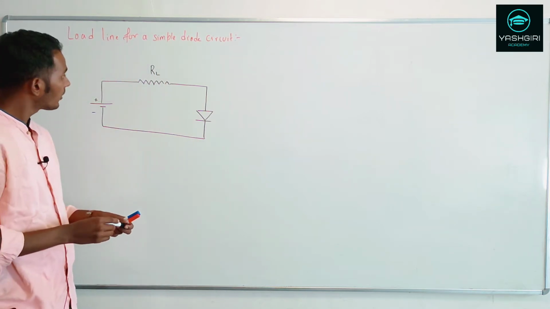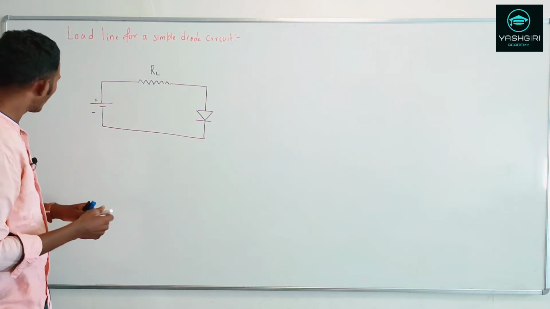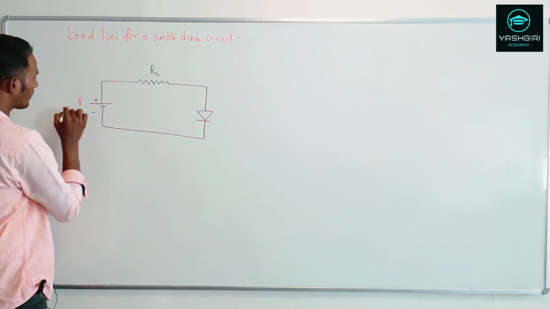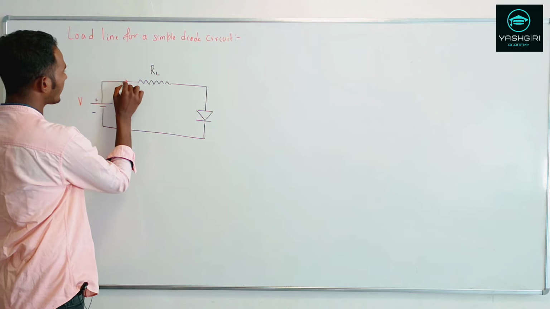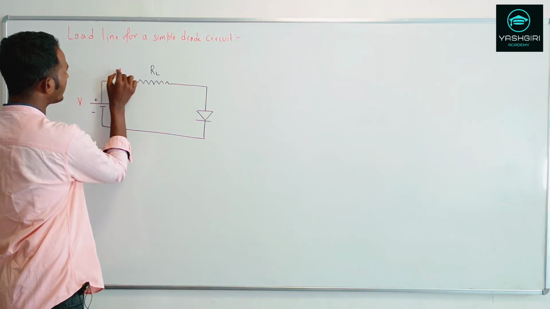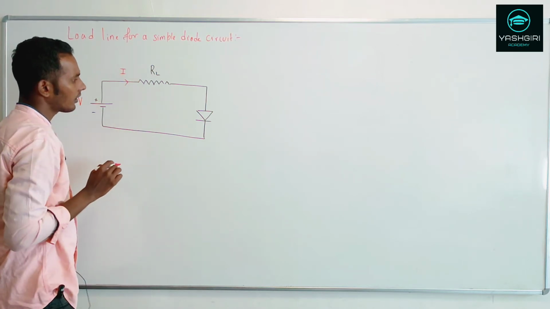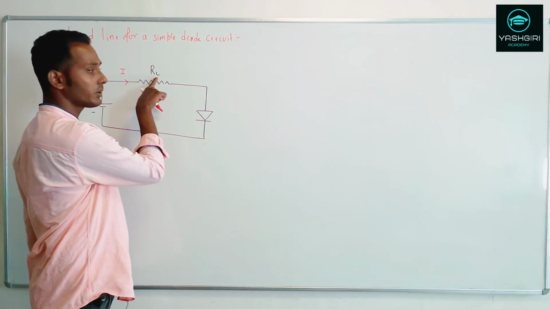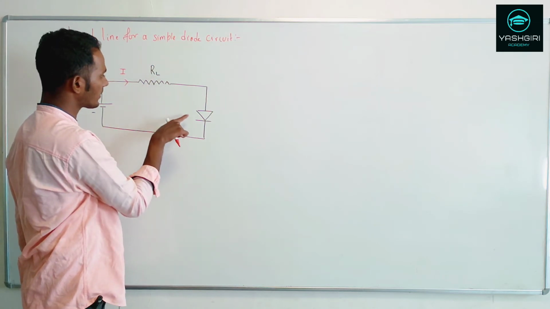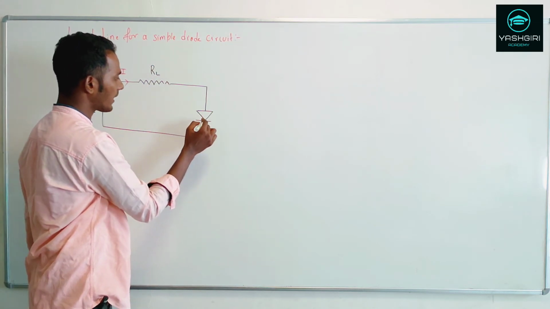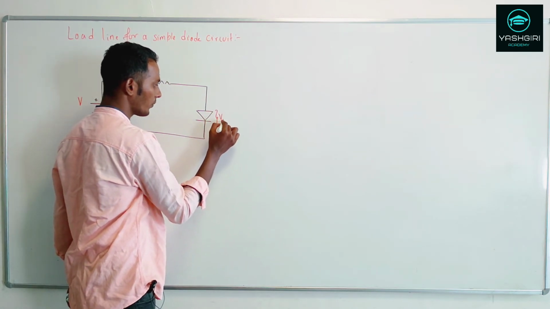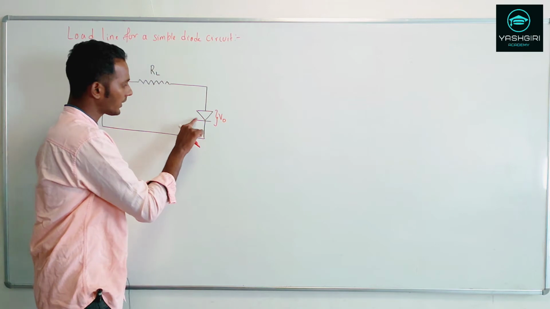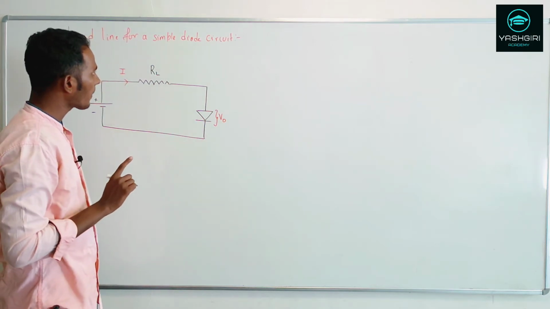Let V be the potential difference across this DC supply. When I connect it like this, I'll get a current I in this, and here there is a voltage drop across this load resistance, plus there will be some voltage drop across this diode. Let VD be the voltage drop across this diode.